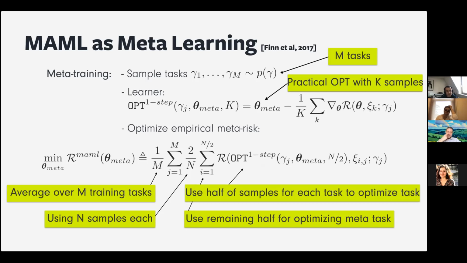Here, the meta risk means that after the learner starts with the meta solution and finds this task-specific solution, I evaluate the average over all these tasks, and I can update my theta meta. This is good because here everything is differentiable. So I can do pure gradient-based optimization, and I can actually optimize this meta risk, this meta solution.